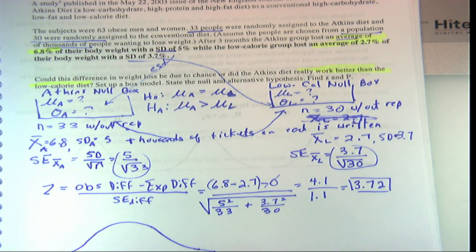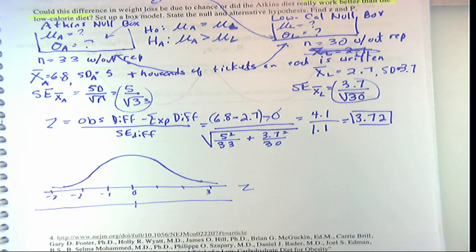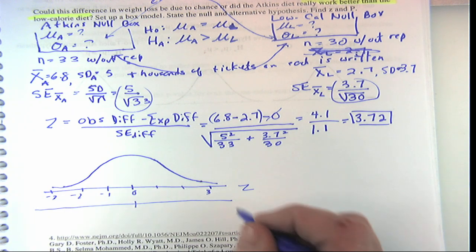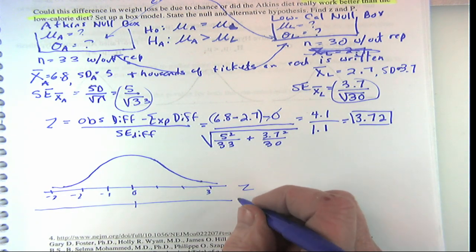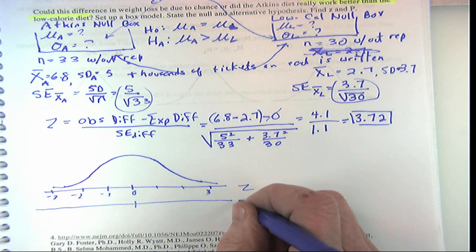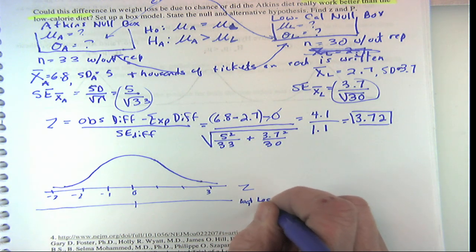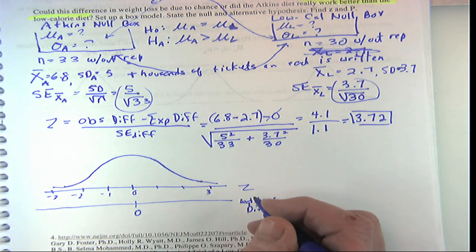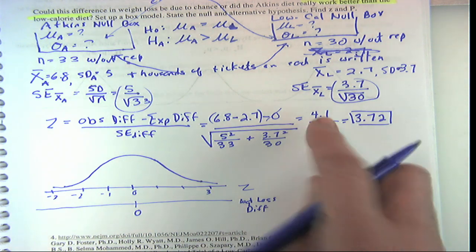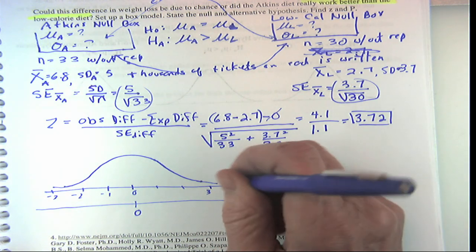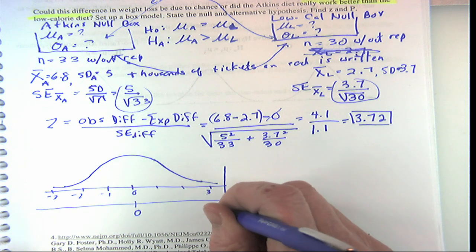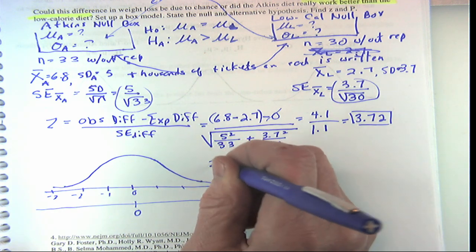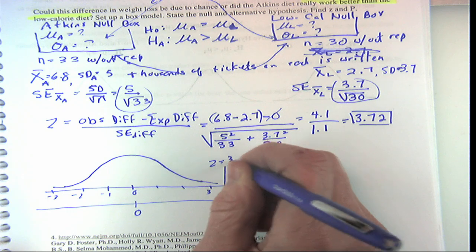We're matching it up with this percent weight loss difference. We'd expect 0 weight loss difference, and we got 4.1. That 4.1 turns out to be a z equal to 3.72.